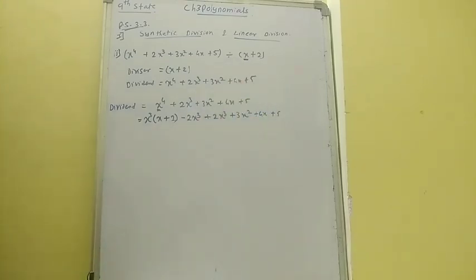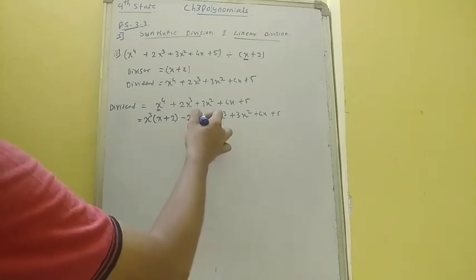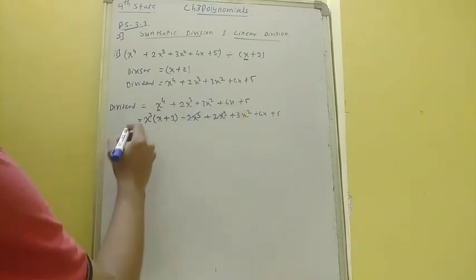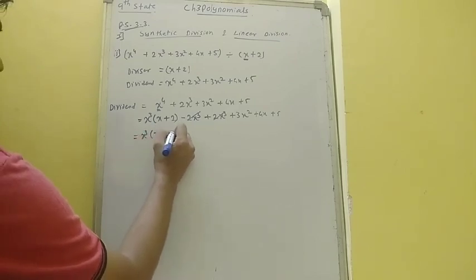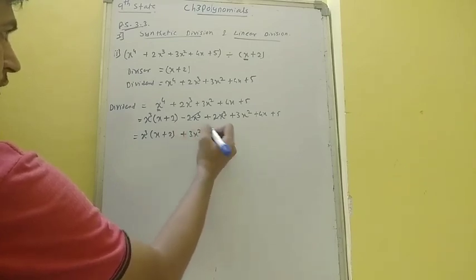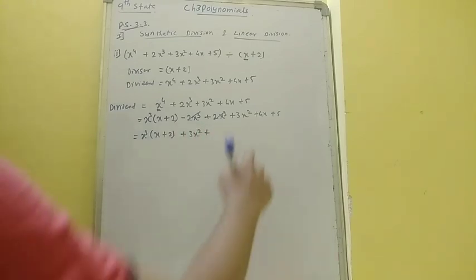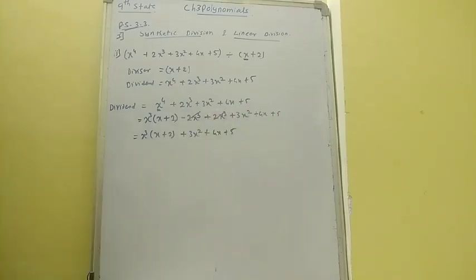Okay. So if anything is getting added, this is directly getting cancelled. What is remaining? x cube plus x plus 2 plus 3x square, and we have 4x plus 5.